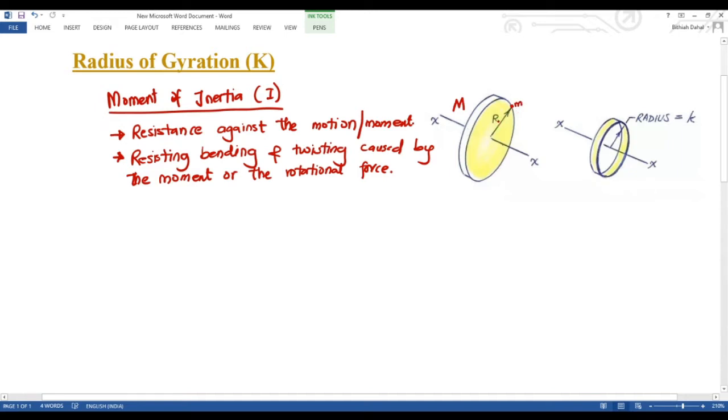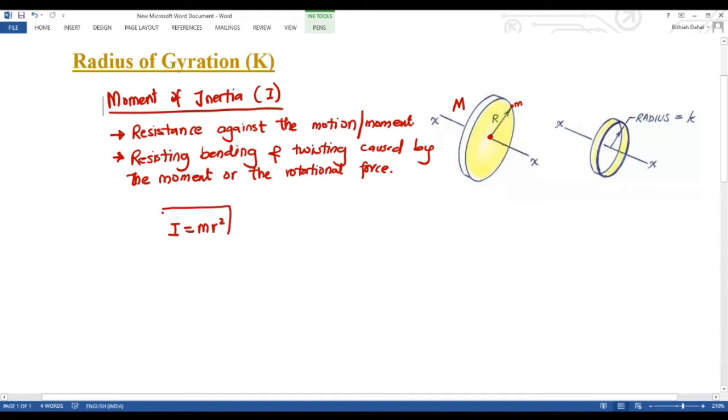Now, for a point mass, the rotational force depends on both the mass and the distance from the axis of rotation, by the relation I equals m r squared.